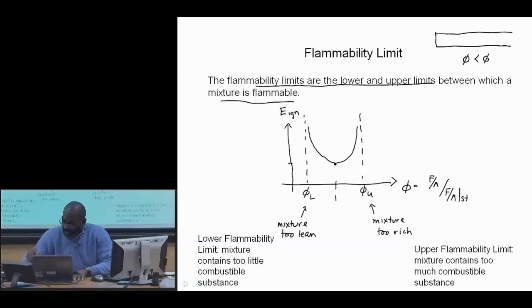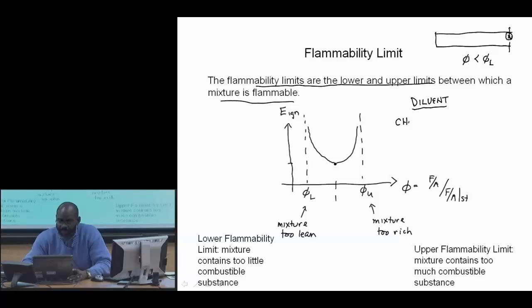Now, the way we talked about that initially is that there's this process of dilution, so this notion of a diluent. So as an example, again, my favorite example, methane.